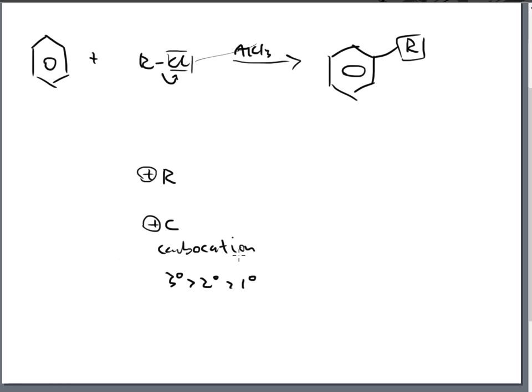So this carbon, which is positively charged, is a carbocation by definition. Tertiary, secondary, primary is the order of ranking of stability. And that means, as in those reactions with Orgo 1, that rearrangement can take place if it can. Folks, this is no exception. There's no exception here at all. Rearrangement can take place if the possibility exists.